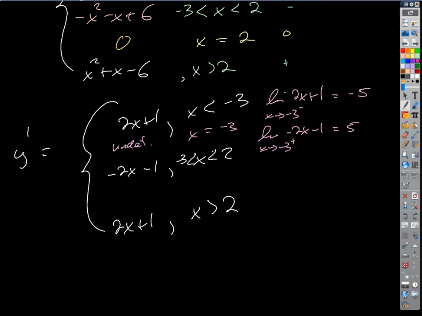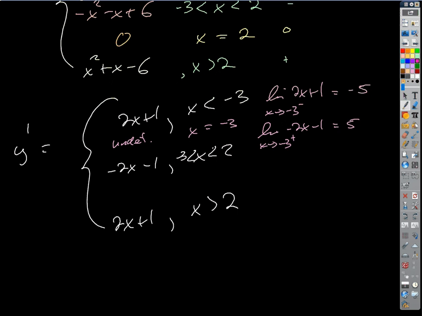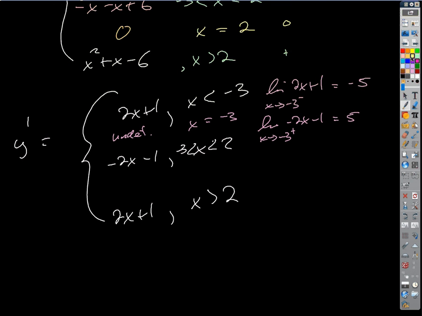Okay, so we'd have to do the limit, but we can do it real quickly. The limit of this function as we approach 2 from the left is going to be what? Negative 5, right?